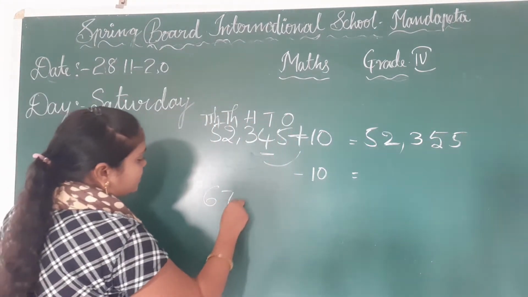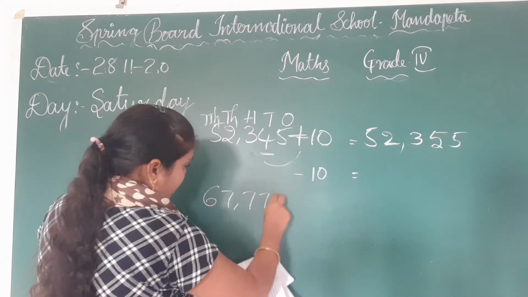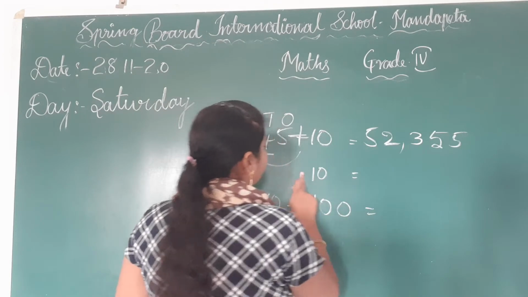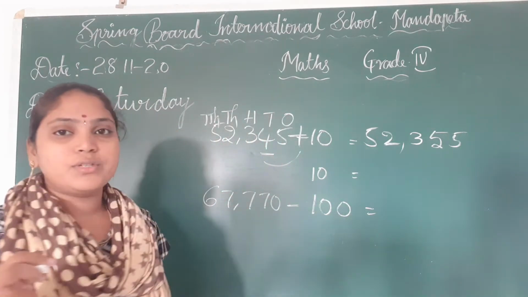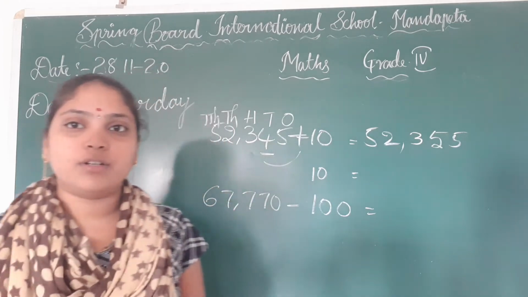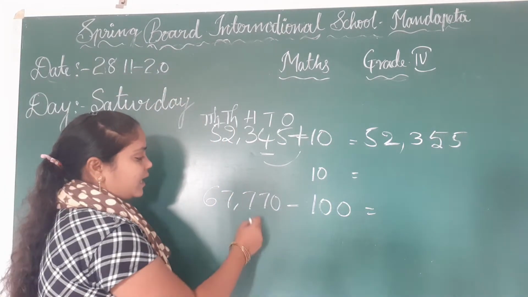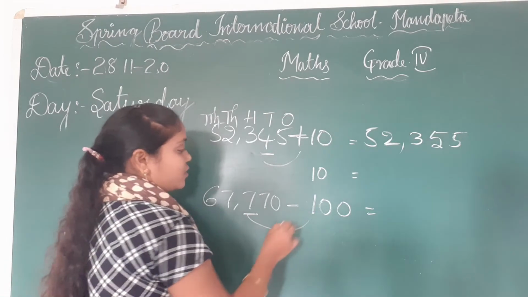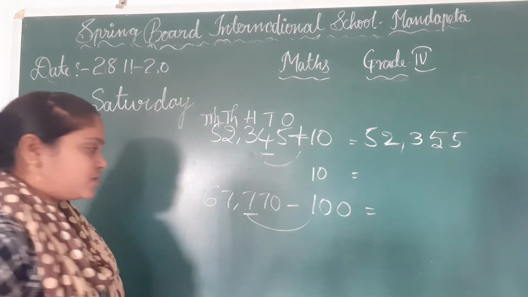Now subtracting 100. What we have to do here children? You have to subtract 1 from the 100 place of the digit. So this is the 100 place. Means you have to subtract 7 minus 1.